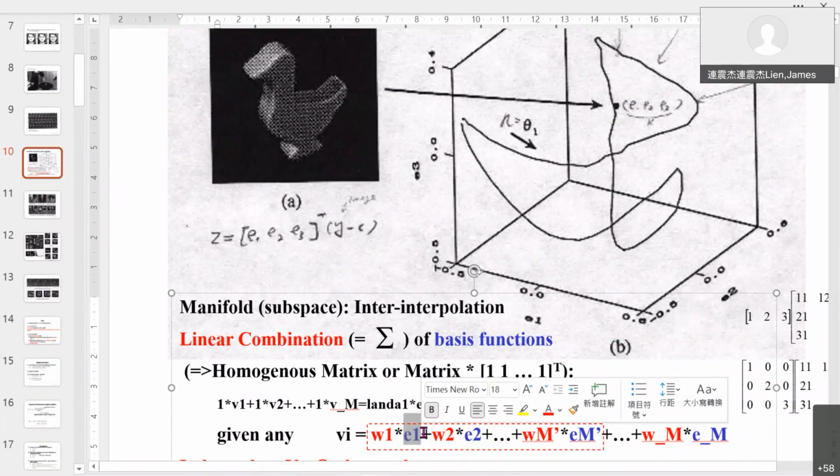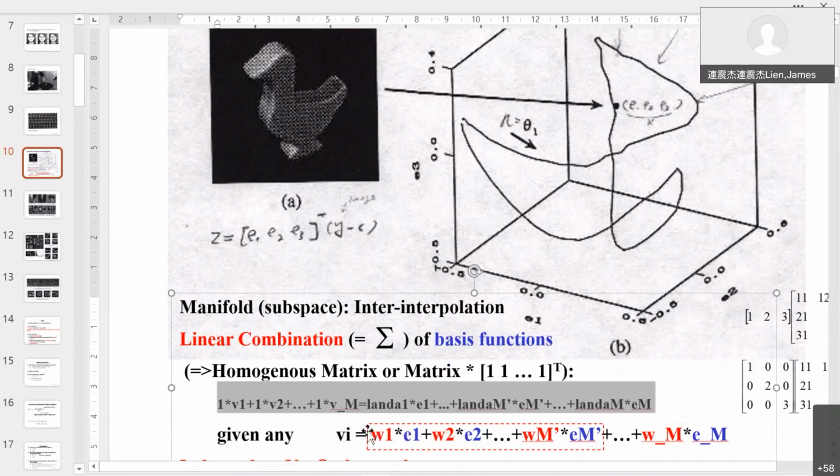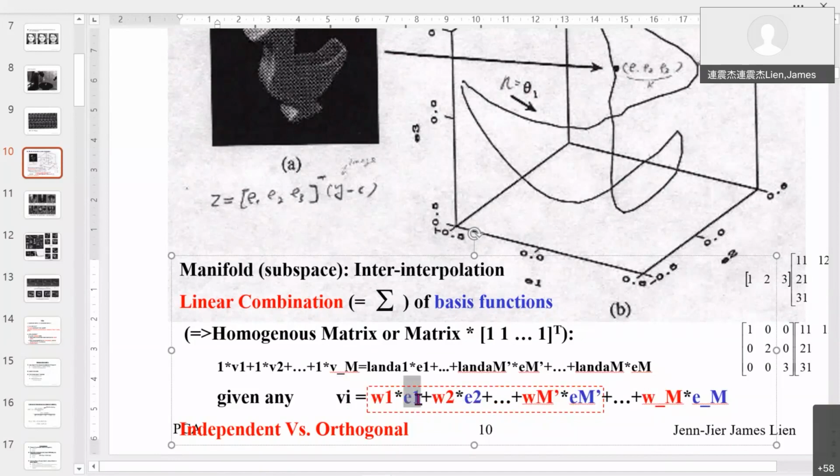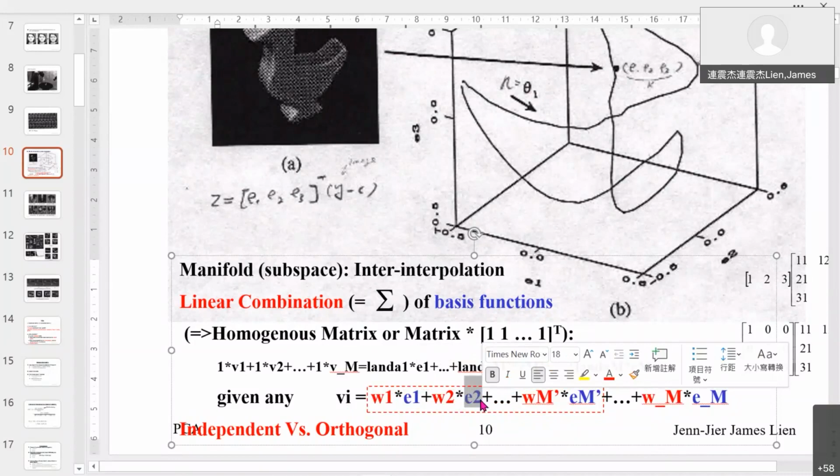So what's MPEG for? What is MPEG compression? This relates to MPEG. Any image equals, suppose this is sine theta plus cosine theta.